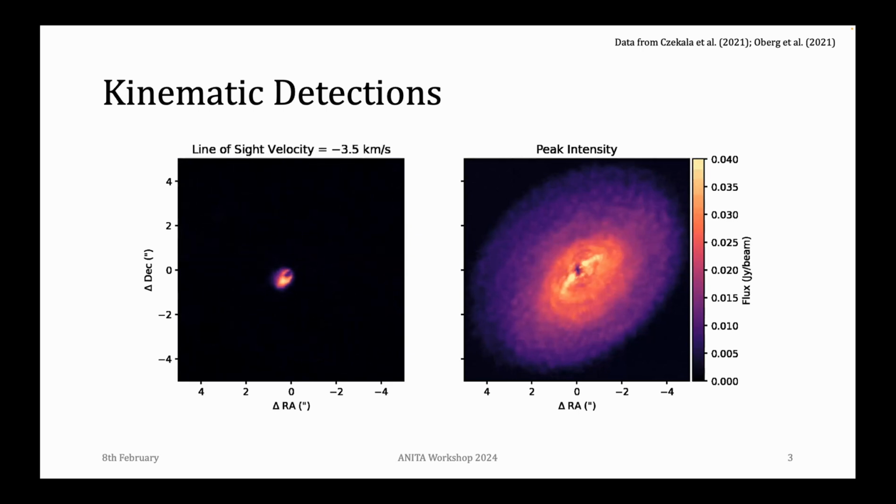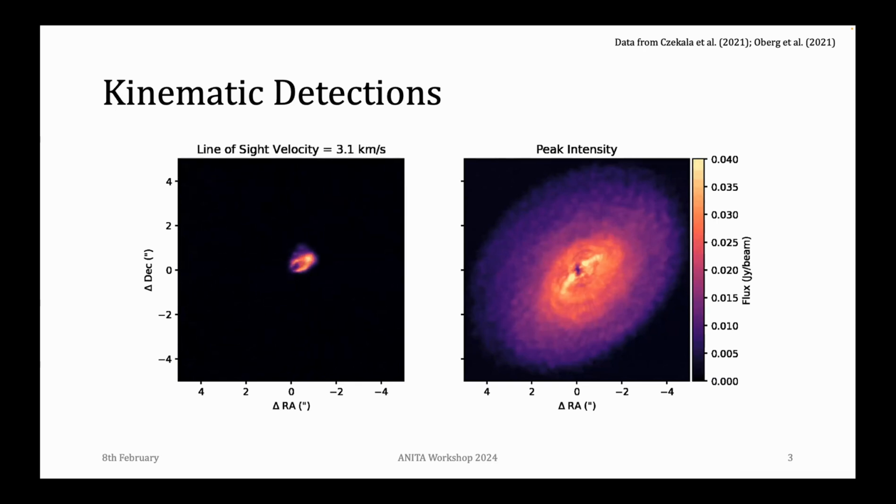What we can do instead is use the ALMA interferometer to take observations of line emission. This is 12CO, the 2-1 rotational line, and we use the Doppler shift of the line to measure the velocities in the disk and look for a perturbation caused by the gravity of the planet acting on the disk.